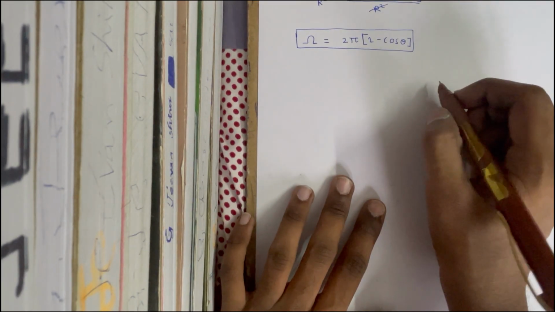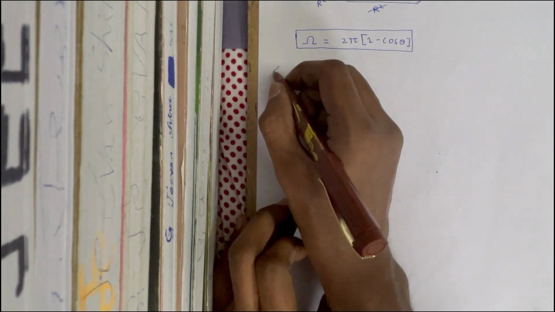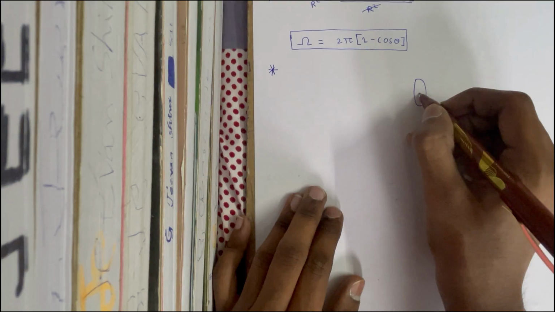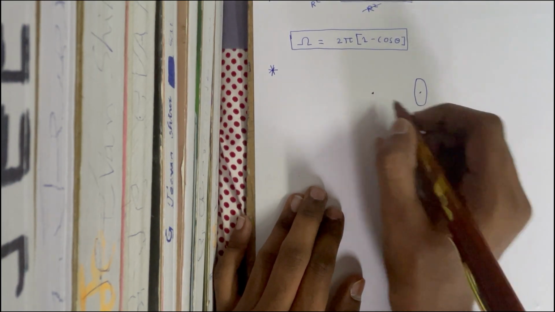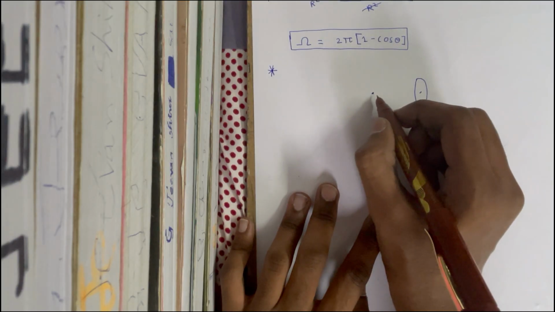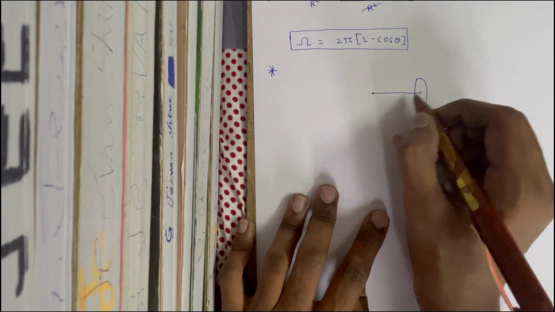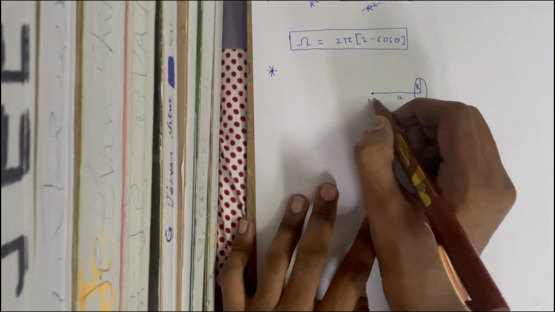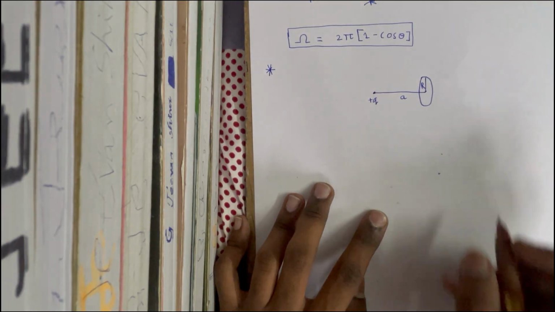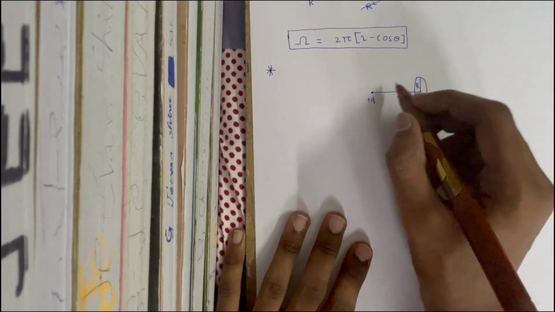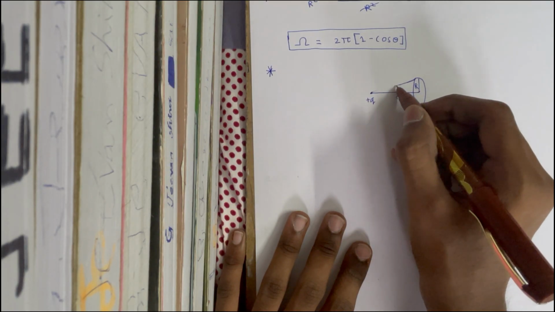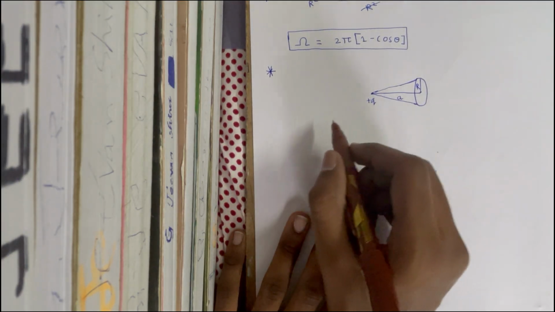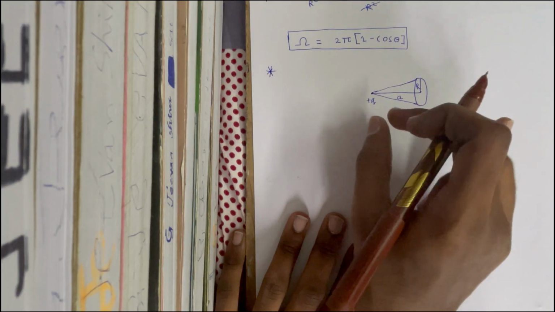Let's assume there was a circle, and at some point here, at some distance a, there was a point charge plus q. So we need to find the electric flux through this. So this was basically a cone, right? I mean, the electric flux would be same if it was a cone or circle.